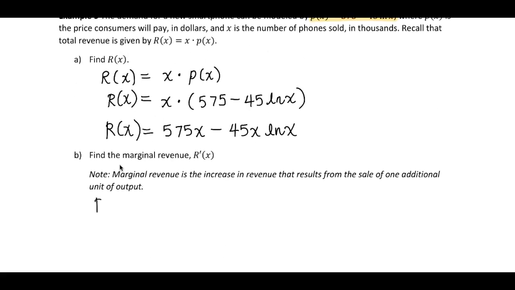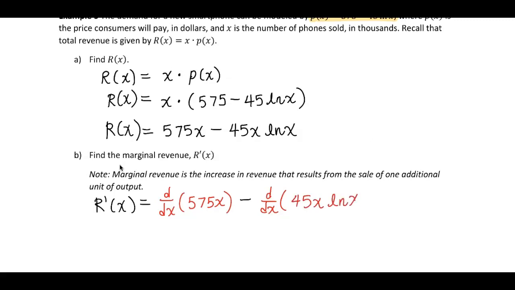So what is R prime of x? I'll just use the last line down. I need to take the derivative of 575x, that's the first term. And then I need to subtract the derivative of 45x times natural log of x.